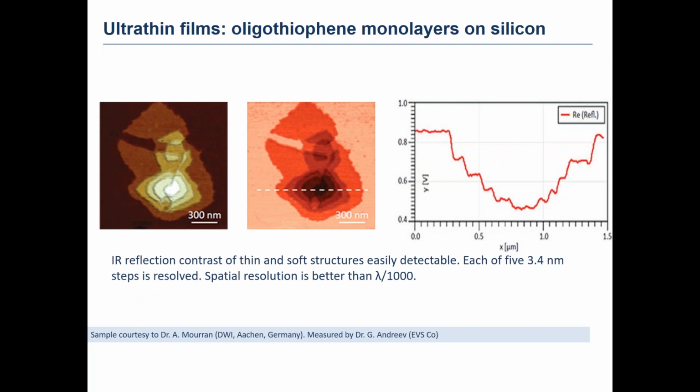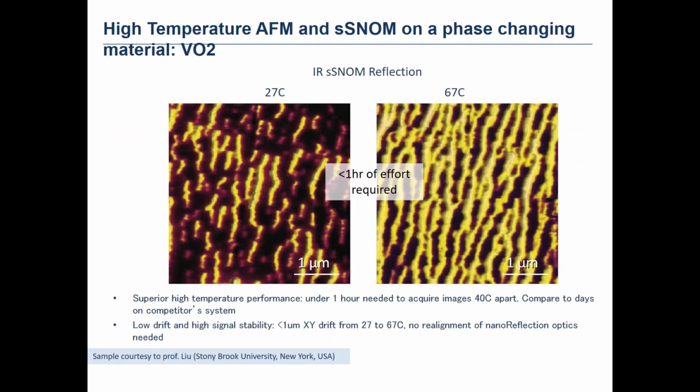Another example is high temperature AFM and s-SNOM measurements on phase changing materials. Vanadium oxide is a well-known material that changes its properties from insulating to conductive within a quite narrow temperature band.